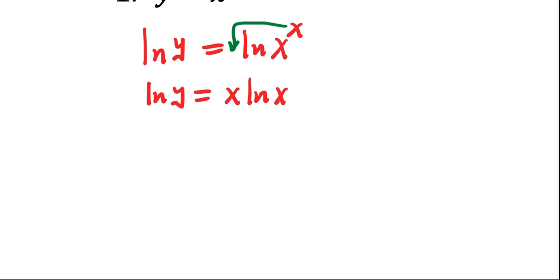So now we can differentiate both sides with respect to x. If we differentiate ln y, this would give us 1 over y times dy/dx, and this equals to differentiating x ln x, for which we need to use the product rule.